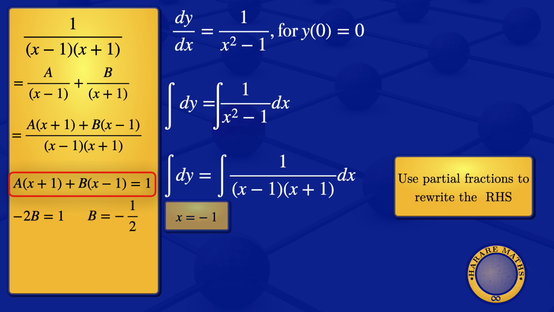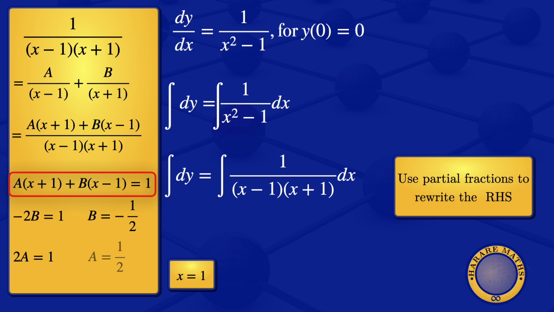Now we eliminate the next part. If we put x equals 1 into the equation, this part becomes 1 plus 1, which gives us a 2. So we have 2a equals 1, just because this part becomes 0. Solving for a, we have a equals a half.